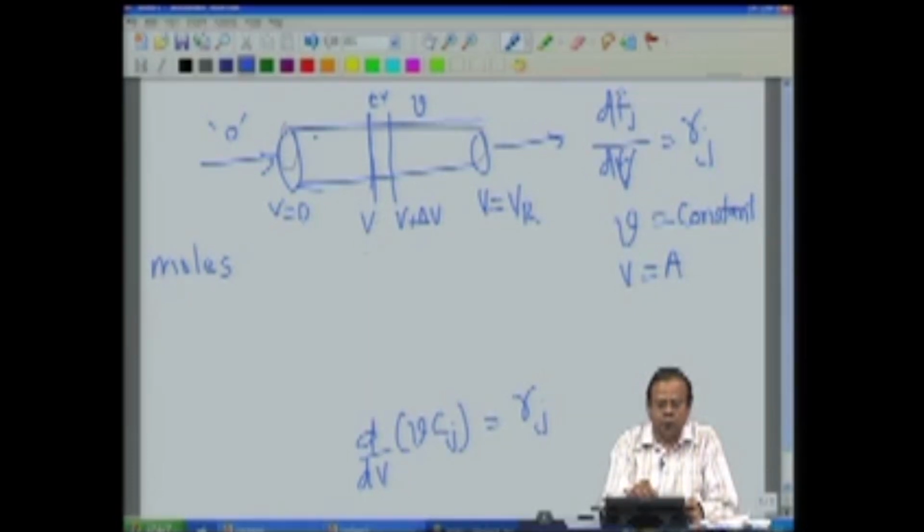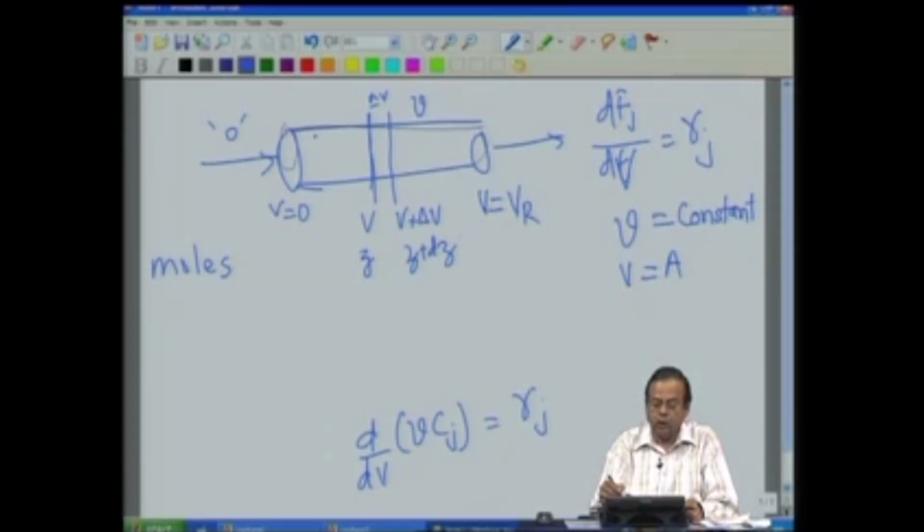Let us say that this V corresponds to axial direction of Z, and this is Z plus dZ. So, this is A into Z.